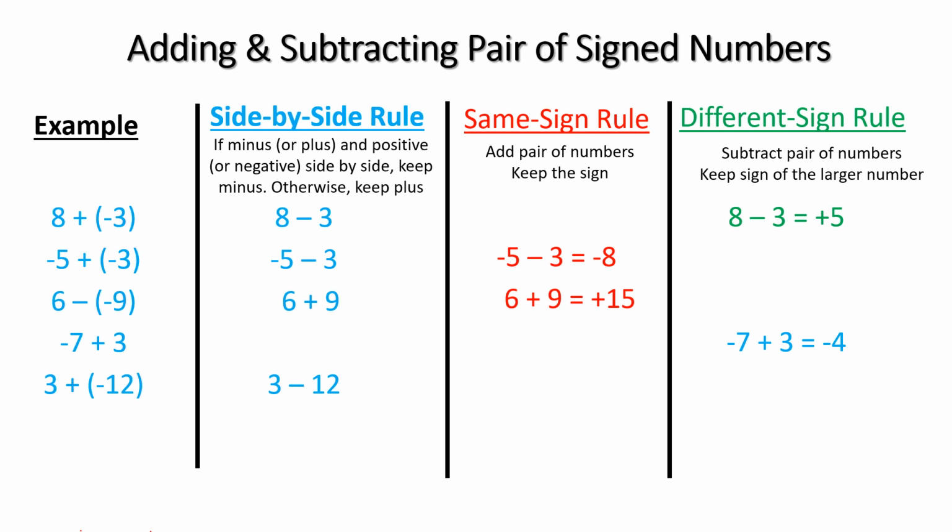Look at it: the result here gives us a plus 3 minus 12, so we have different signs. We go to the third column for the different sign rule, where we have a plus 3 minus 12. We subtract the two and maintain the sign of the larger number, so we get a negative 9.